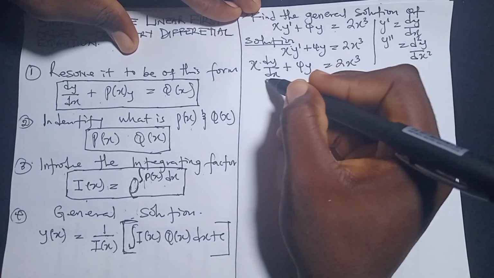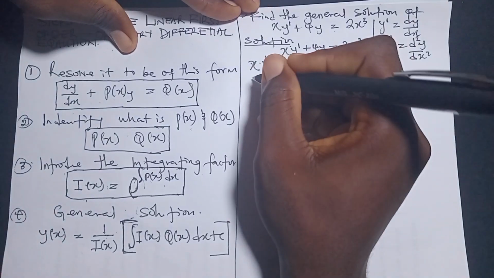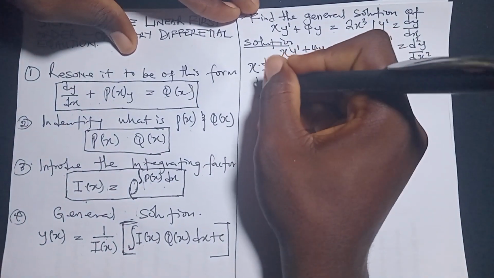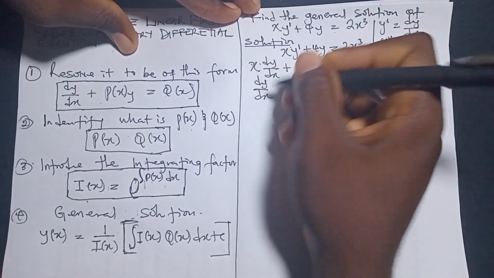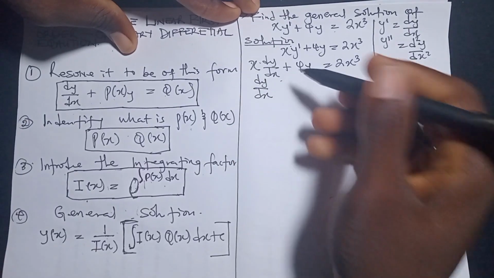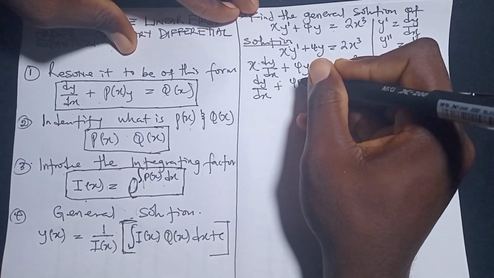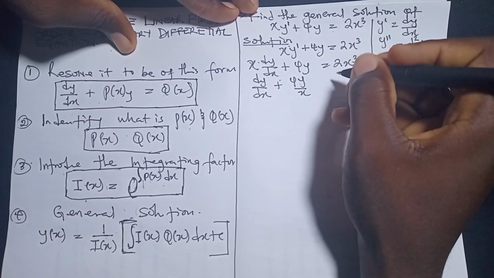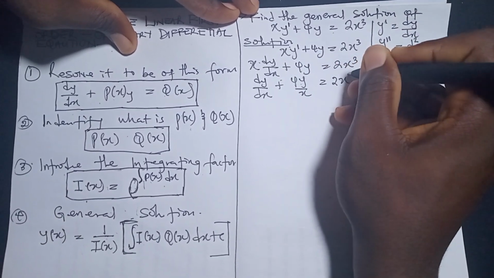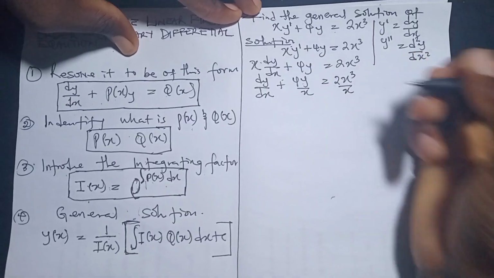Divide both sides by x, we have dy over dx. This x will cancel out, so we have 4y over x equal to 2x cubed over x.